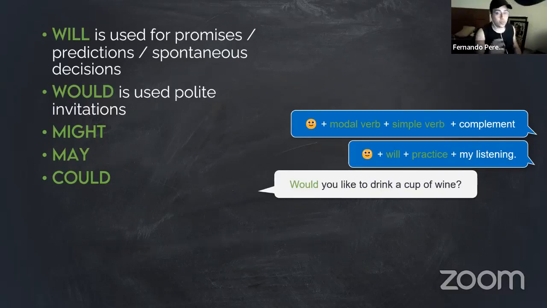And also, would can be used for imaginary situations.